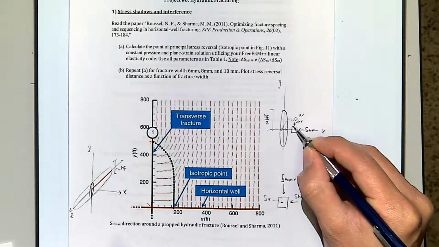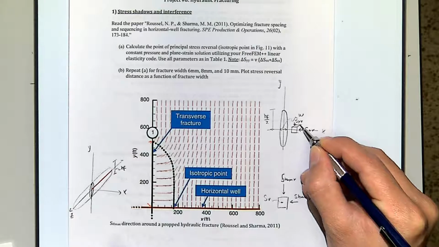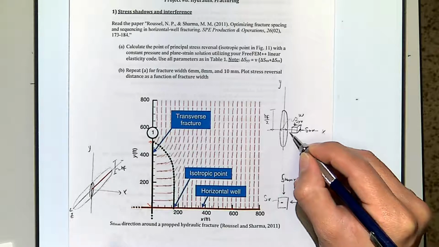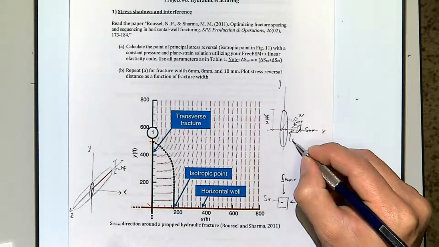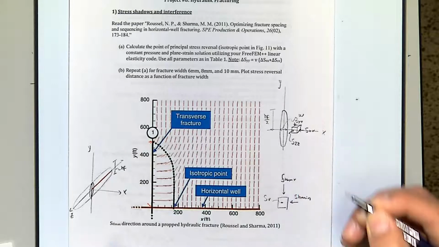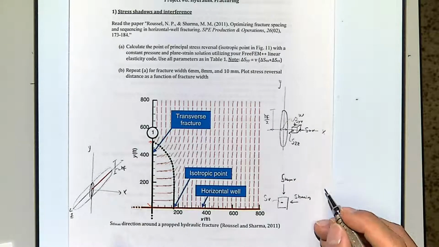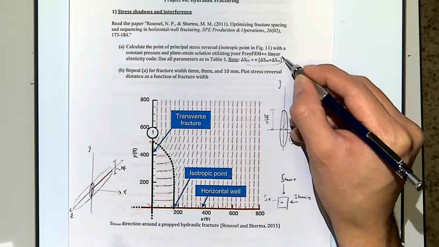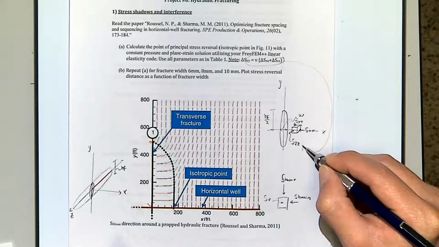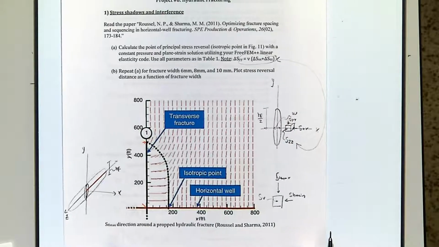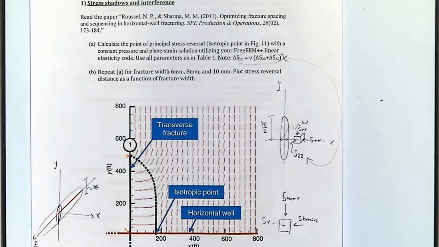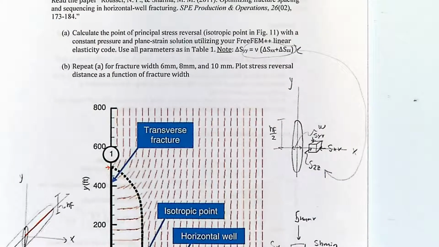What you have to do here is to compute the alteration of stress in the other horizontal direction, which in this case is SZZ, which is going to be equal to this equation, because you're going to use a plane strain model.